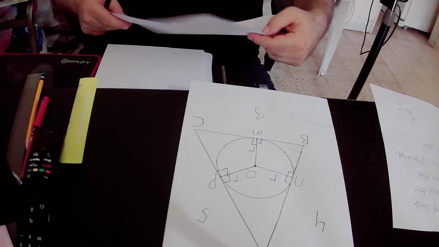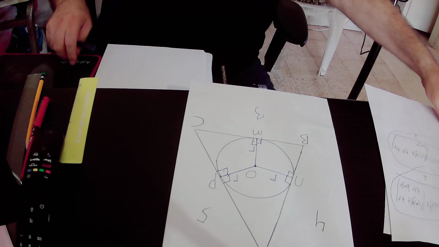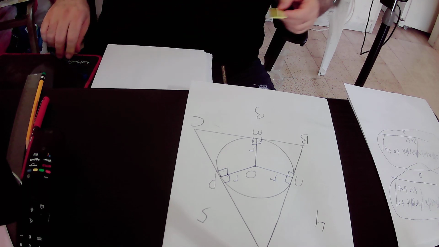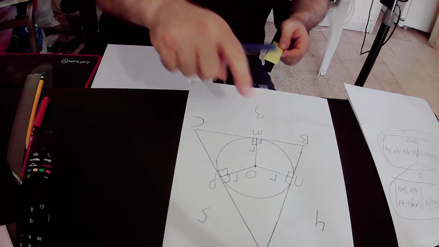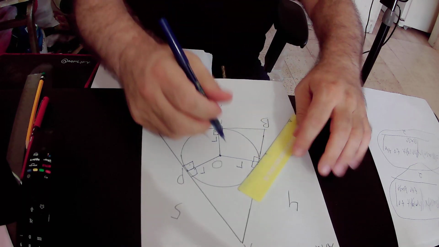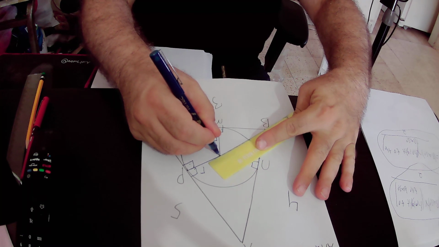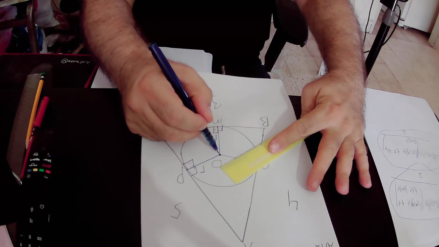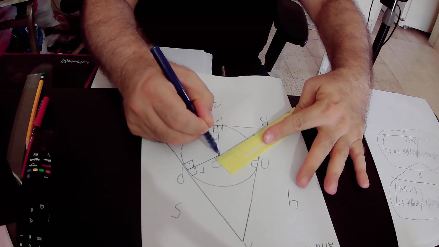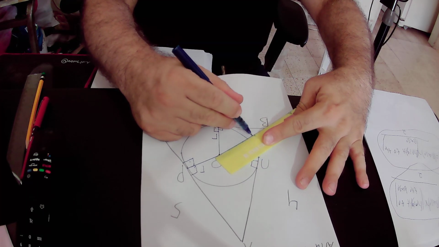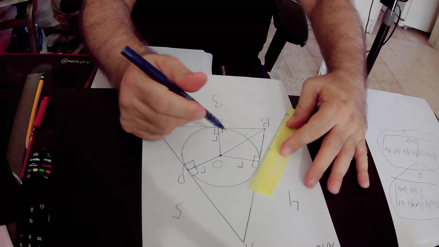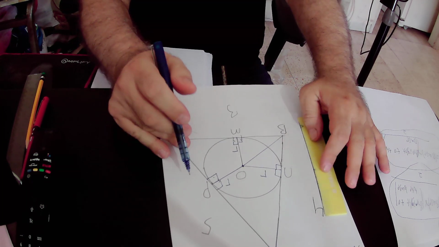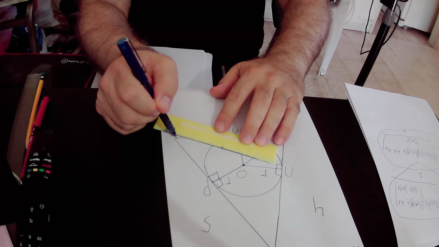Okay, in the next step, we'll connect together points O and B by a straight line. We will also connect together points O and C by a straight line.